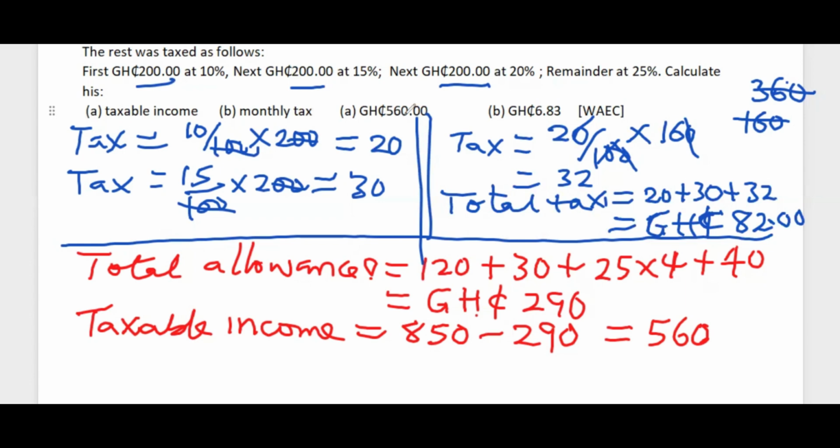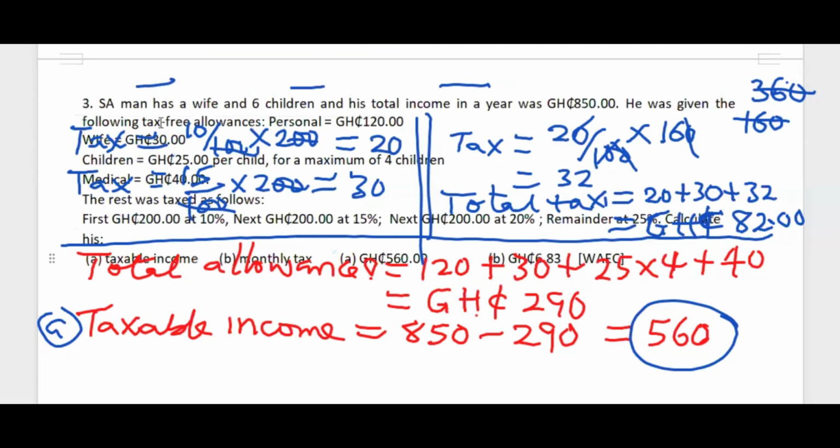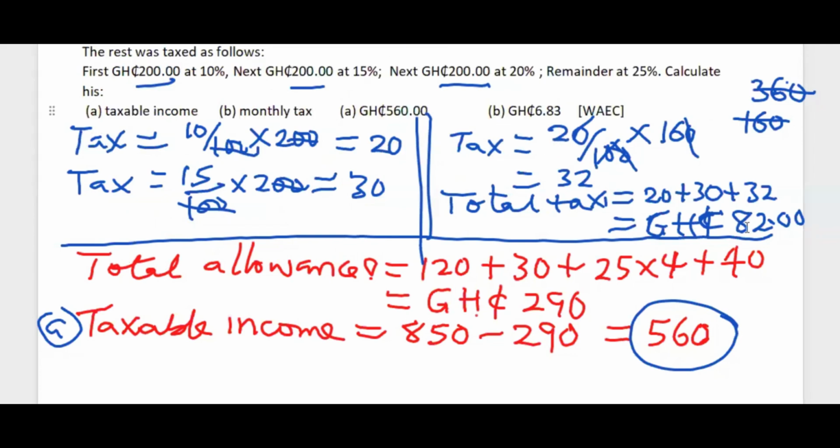Now, they ask for monthly tax. We have found the taxable income, which is A. For B, it's not annual tax, they ask us for monthly tax. If you check our question, the money here is annual income, the total income in a year. So the tax we have calculated is for a year.